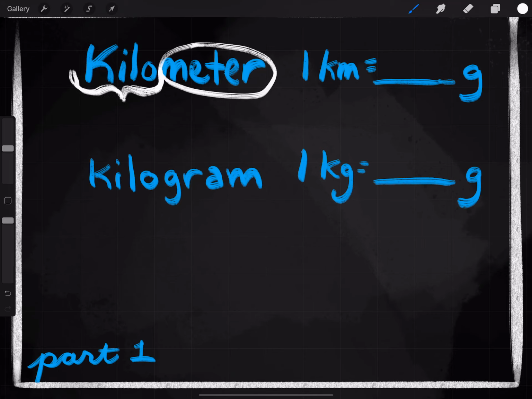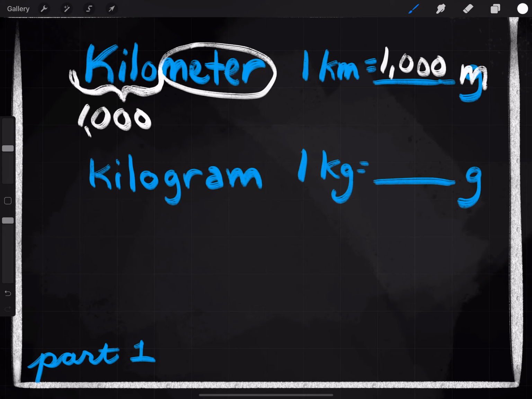If you had your math notebook, maybe you could look. But kilo is 1,000. So it's the 1,000 meter. Oh, here I wrote grams, but I should have written meter. So 1 kilometer equals 1,000 meters.